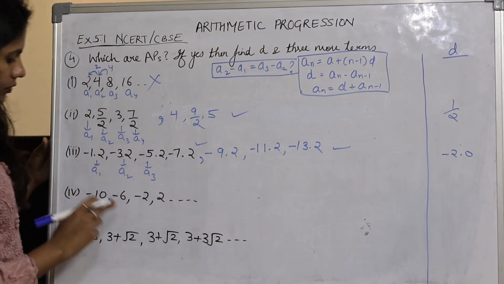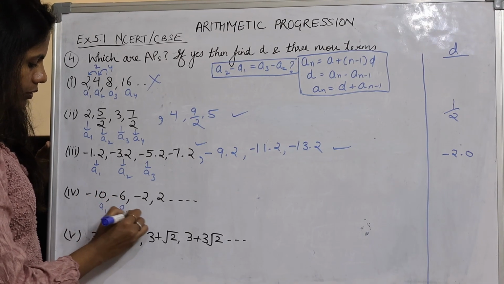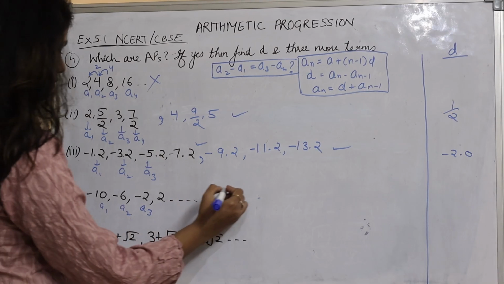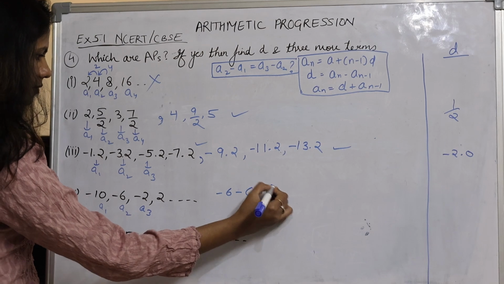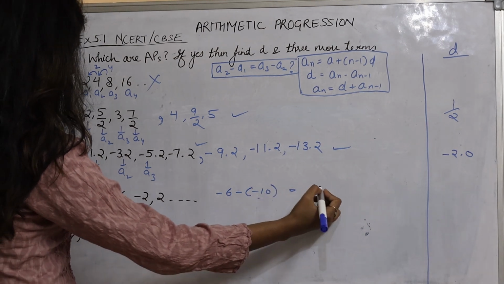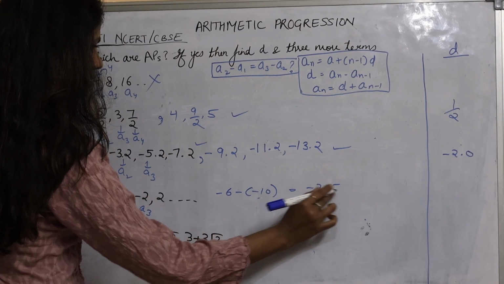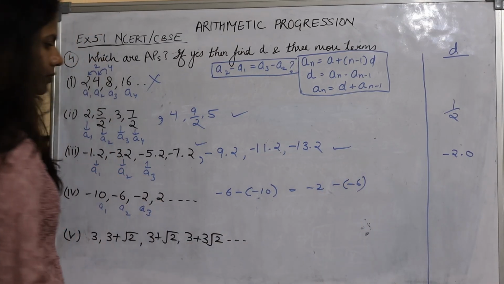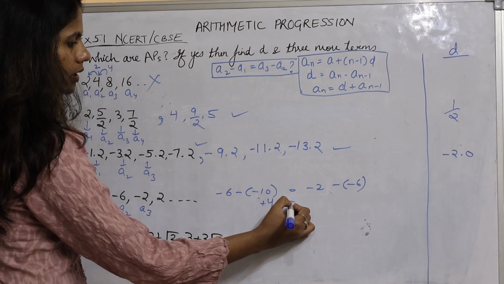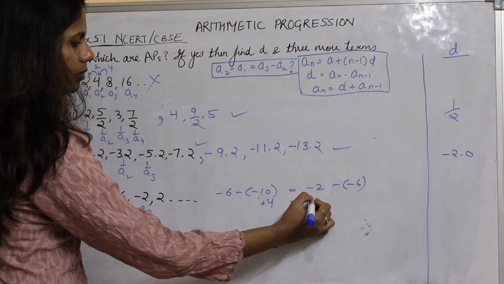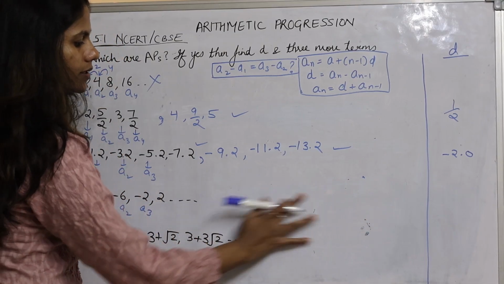Okay, now for this one, this is A1, this is A2, this is A3. So minus 6 minus 10 is equal to minus 2 minus 6. So this will be plus 4, and right side will also be plus 4. Okay, so this is equal. So this is an AP.